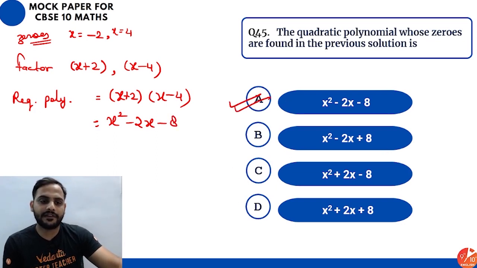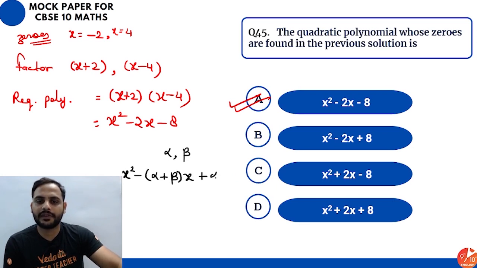Another way, as you all know, if alpha and beta are the zeros, directly the equation is x square minus (alpha plus beta) into x plus alpha beta. Put the values. Let's say alpha is -2, beta is 4. So x square minus (-2 plus 4) into x plus (-2 into 4).